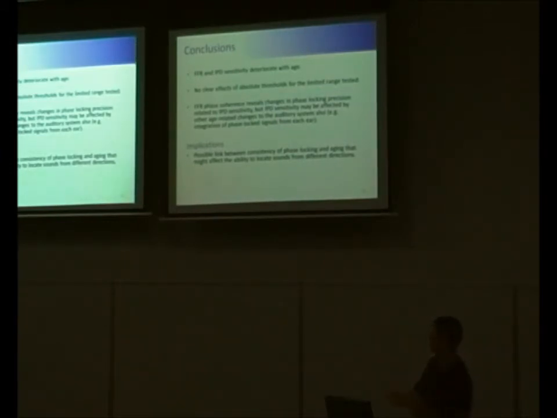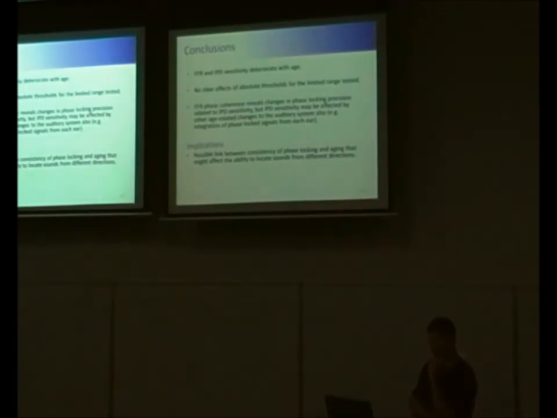So that's pretty much what I've just said in conclusion. The implication is that there is some link between phase locking and aging, but this might not necessarily be the same as the link between interaural phase difference discrimination and aging.